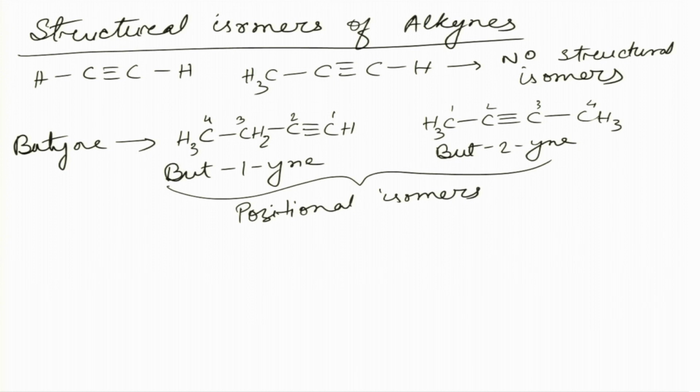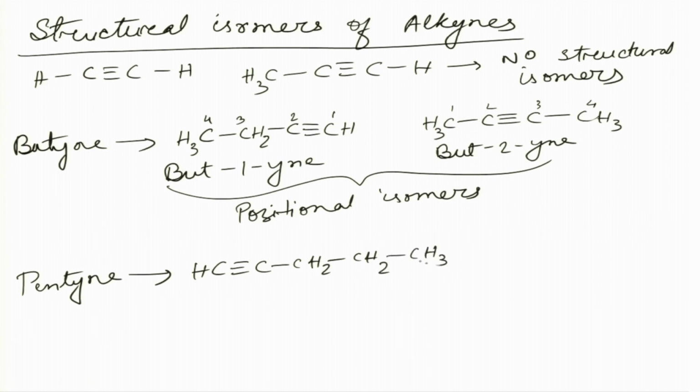Now, if we talk about pentyne, the one is this, where the triple bond is between carbon 1 and carbon 2. This one we will call pent-1-yne.